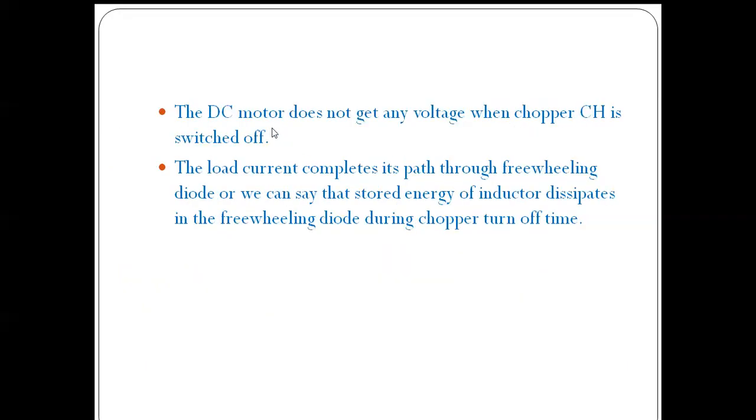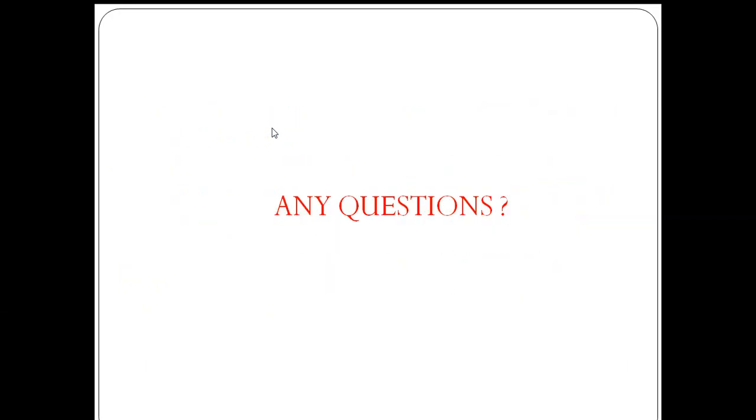Okay, in this class we have discussed in detail the speed control of DC motors by using different circuits. First of all, we have seen speed control of a series motor by using a chopper.